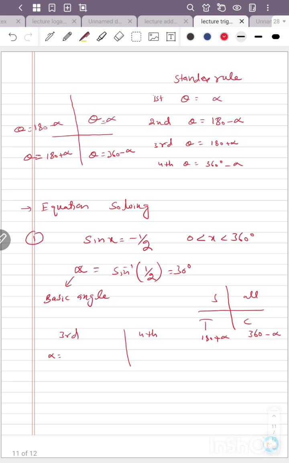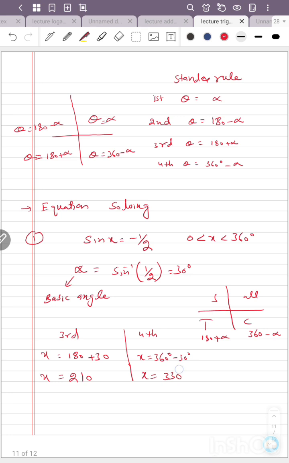Now our alpha is 30, so 180 plus 30, the answer will be x equal to 210. Move forward. Here in the fourth quadrant x equals 360 minus 30, x equals 330.